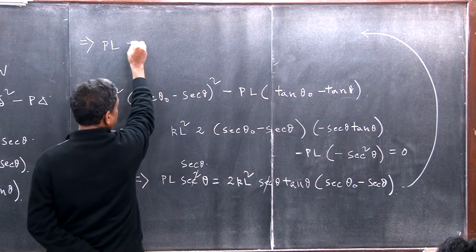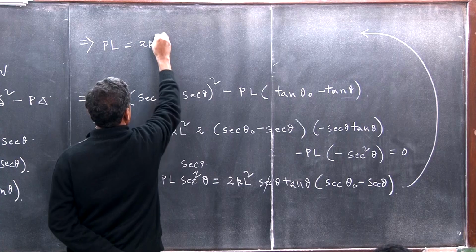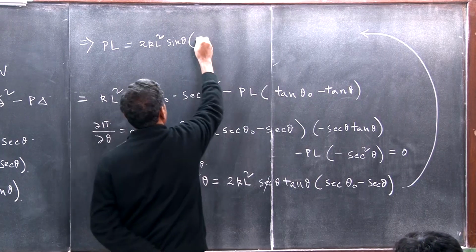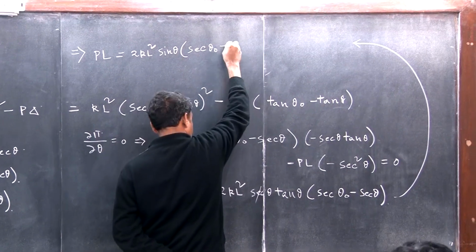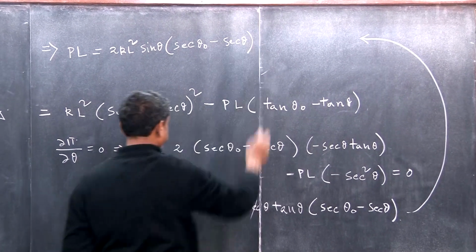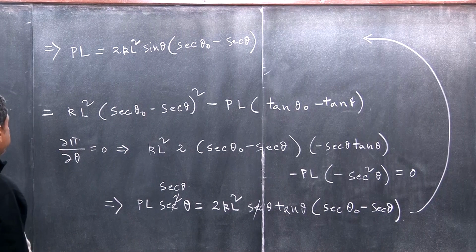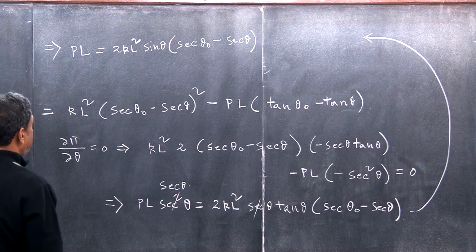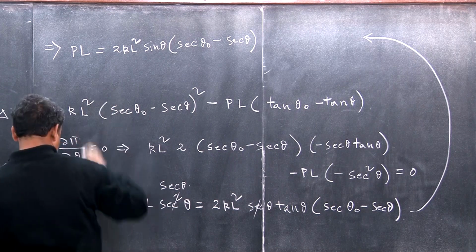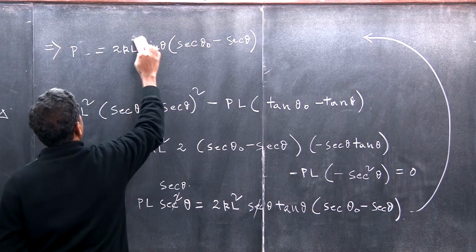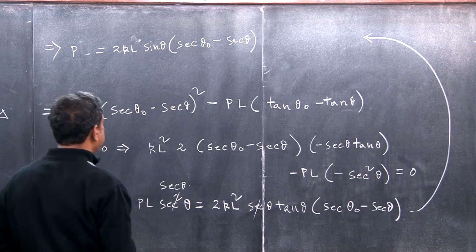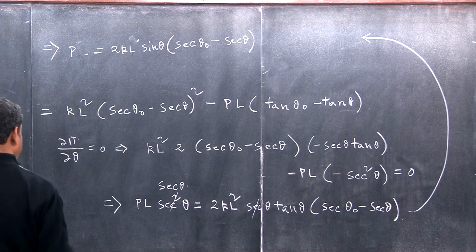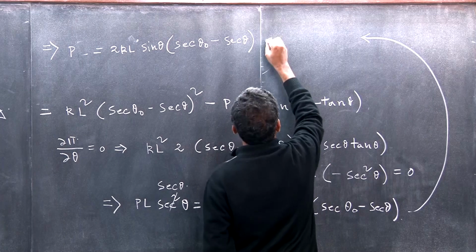So, P L will be nothing but 2 k L square sin theta into sec theta 0 minus sec theta. So, this is basically giving the equilibrium path.